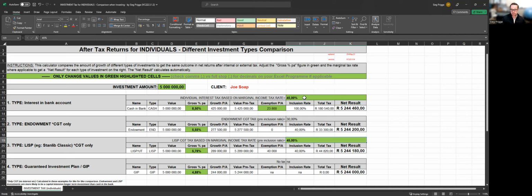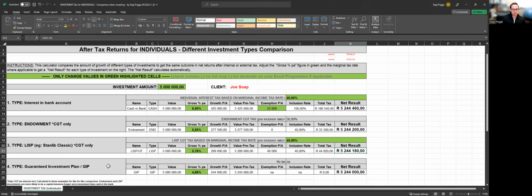So 40 times 45 gives us a tax rate. And here on the capital gains tax exemption, you get 40,000 capital gains tax exemption. On interest earning investments, which is not capital gains tax, it's interest earning, you get only 23,800 exemption. So after this calculation, total tax you're going to pay is 44,820, and this gives us a net result that's very similar to these two.